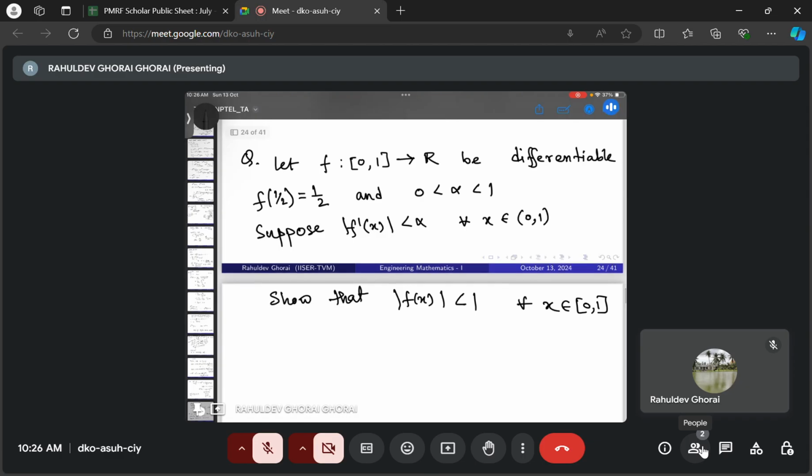If you have properties like f is a differentiable function, and somehow you get to know that the modulus of f prime (x) is less than a number which is strictly less than 1, then you can show that the function itself has modulus less than 1.